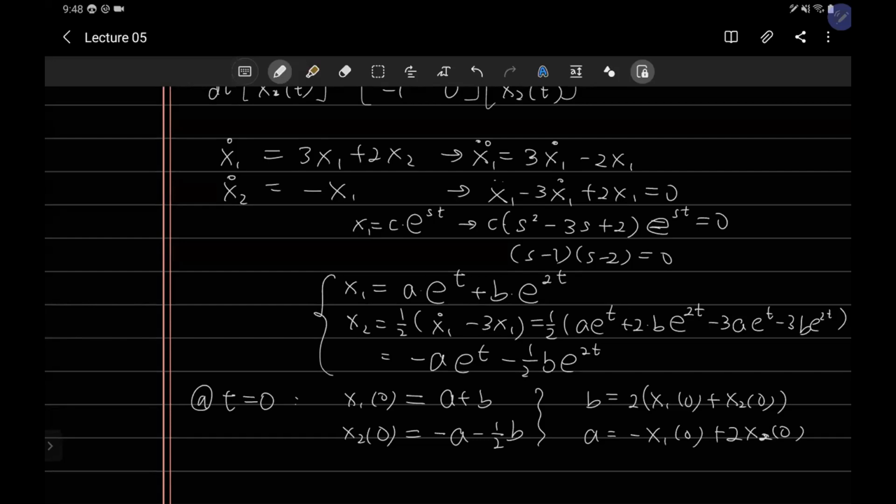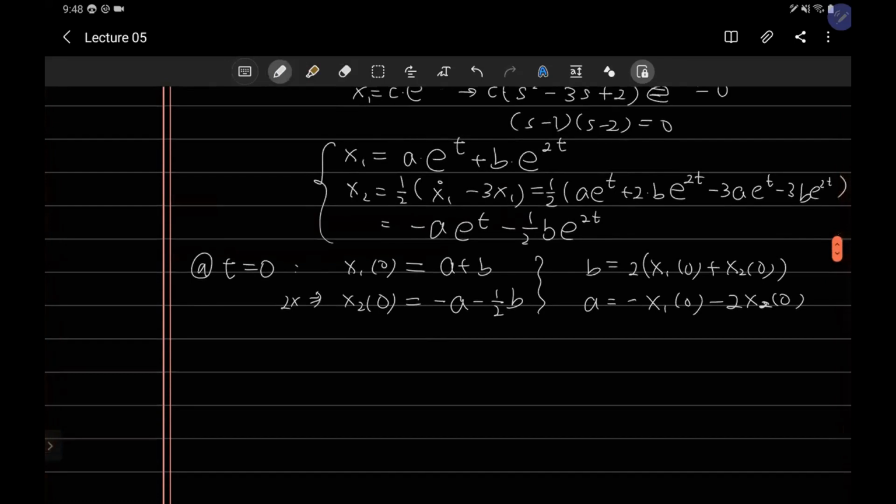Actually, there was a mistake. What I did was multiply 2 for the entire equation and add them together. So it is minus 2a, which is a summation of this one and 2 times x2. Now I can move this sign to the right hand side, which will become like this.